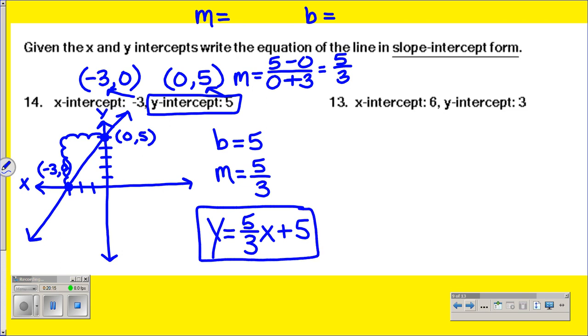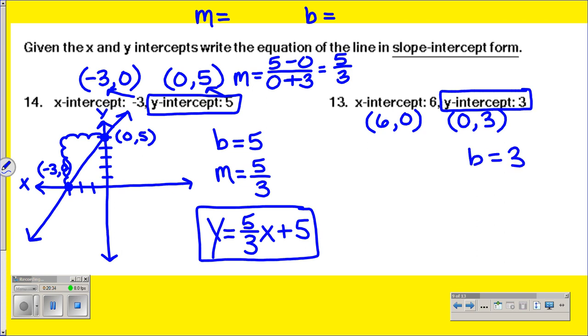Okay, so in example 13, they tell us the x-intercept is 6. So we know as an ordered pair, this would be 6, 0. And our y-intercept is 3, so this would be the ordered pair 0, 3. We also know our y-intercept is the value for b in the equation, so b equals 3. Now we just need to find our slope. I'm going to use the formula this time.